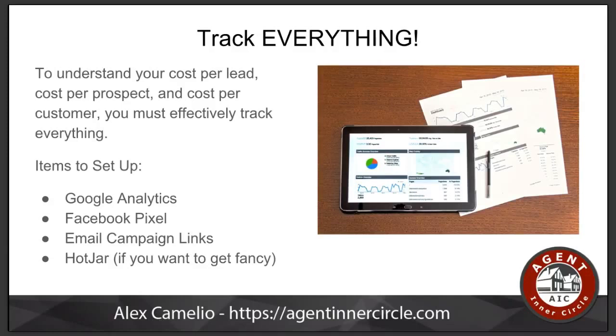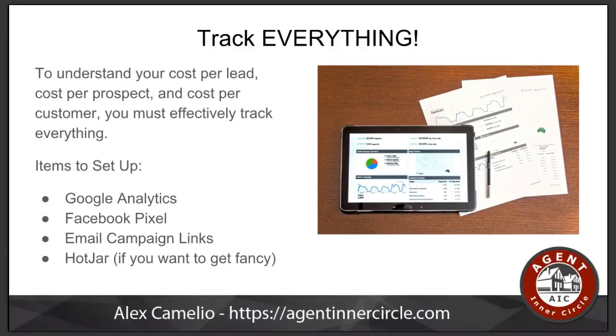I say track everything, because to understand your cost per lead, cost per prospect, and cost per customer, you must track everything really, really effectively. Now, some of the items that we set up to do the tracking right off the bat is, first of all, we hook up Google Analytics.